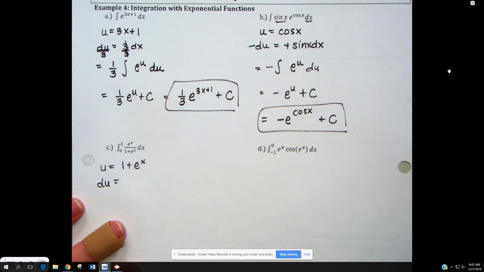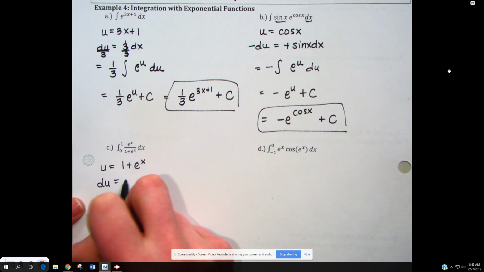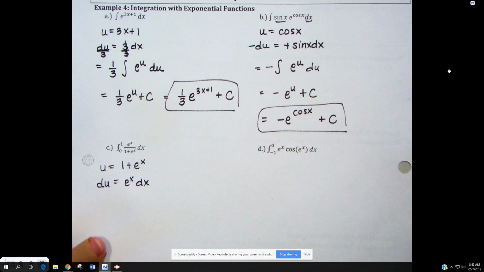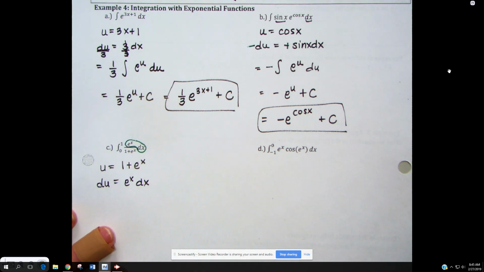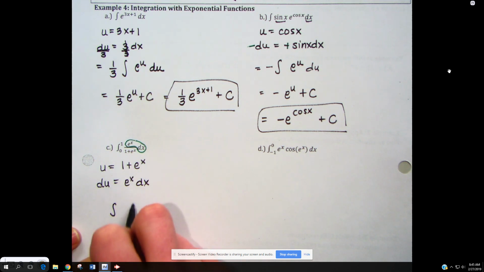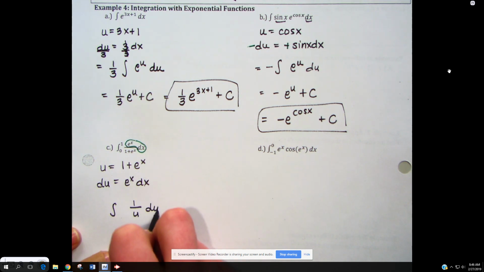The derivative of 1 is 0. The derivative of e to the x is e to the x. And what do you notice? Right? E to the x dx is exactly this leftover piece that I have. So everything I just circled in green becomes du. So this will be the integral, we'll come back to the bounds in a second, of 1 over u du.